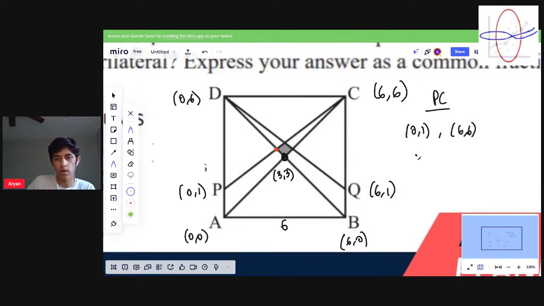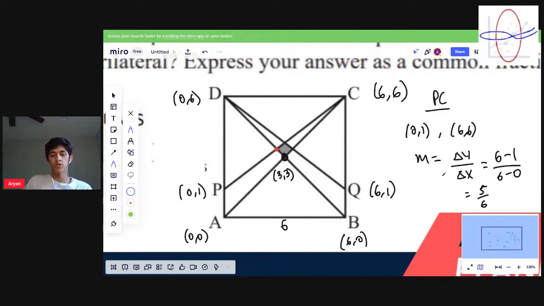The slope, usually denoted m, is defined as the change in y over the change in x. That would be 6 minus 1 divided by 6 minus 0, which is just equal to 5 over 6. So PC has a slope of 5/6.